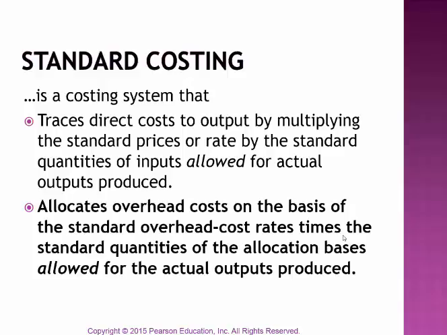We take that standard overhead cost rate and multiply it times the standard quantities of the allocation basis allowed times the actual outputs produced. And that is how the amount is getting allocated in for those overhead related items.